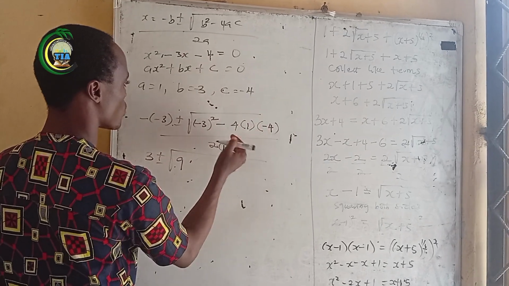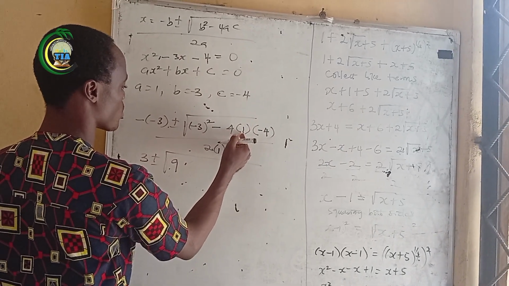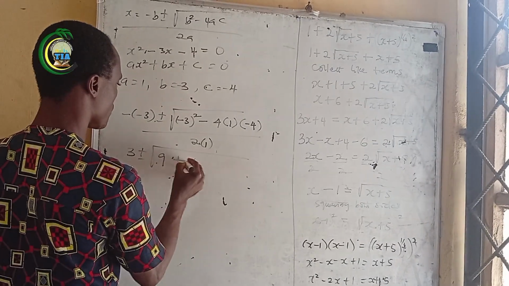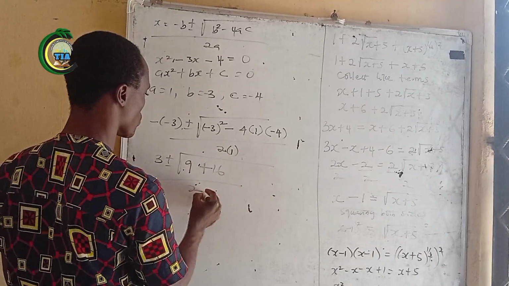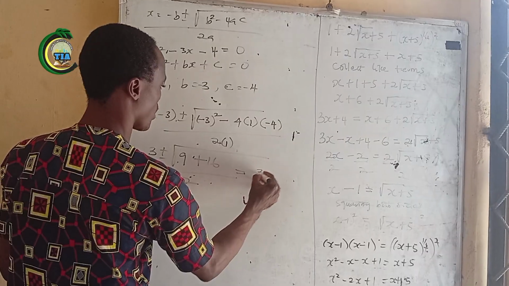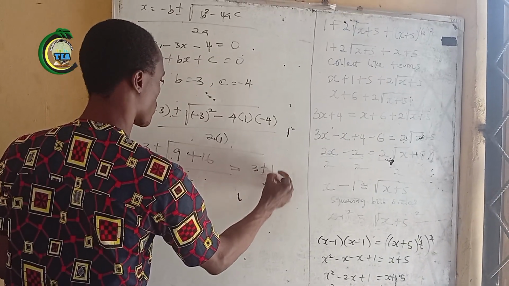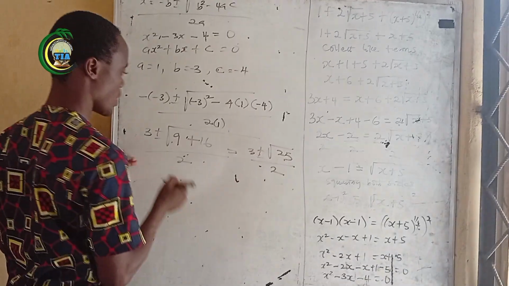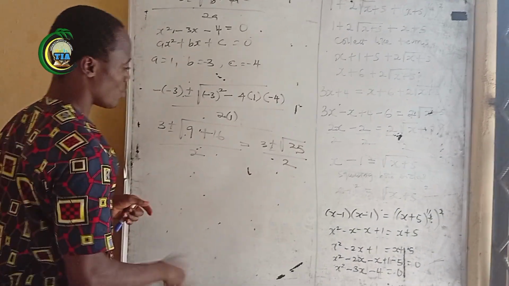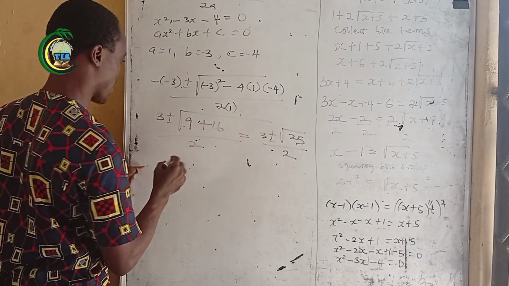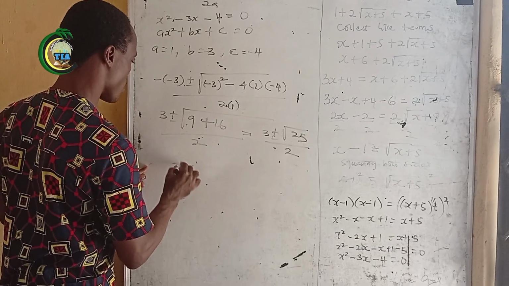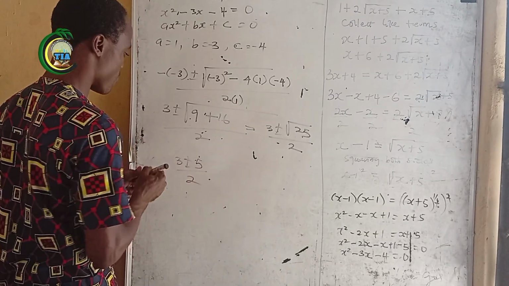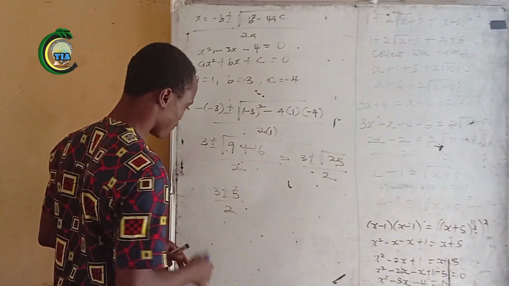Minus times minus is plus, so 4 times 4 is going to give us 16, all over 2. This will give us 3 plus or minus square root of 25 all over 2. Now the next thing we do is we find the square root of 25, which is 5. So 3 plus or minus 5 all over 2.